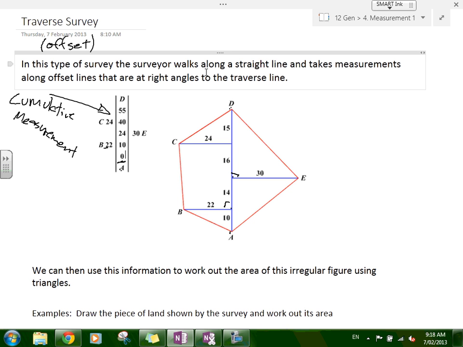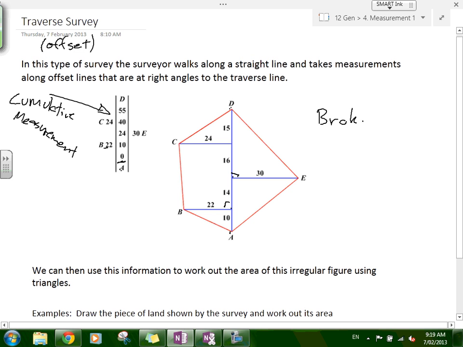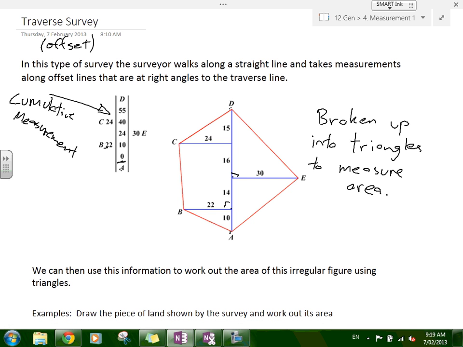And then what we can do now, of course, is use this information to work out the area of this, because we've broken it up into triangles, because we can work out the areas of the triangles here very easily. Alright? So let's have a look. So we need to work this out.